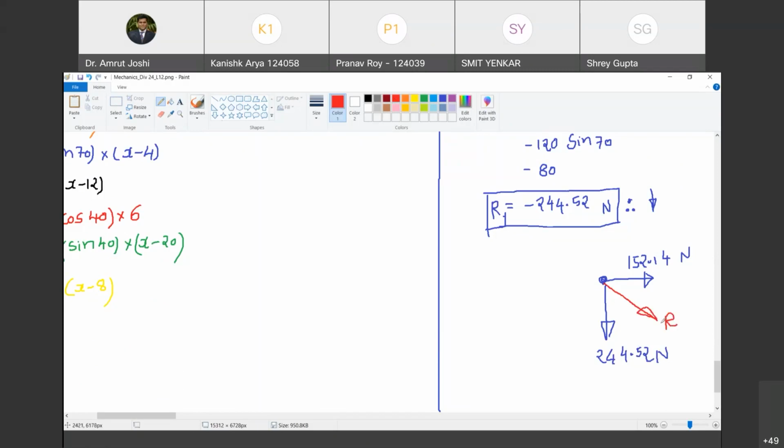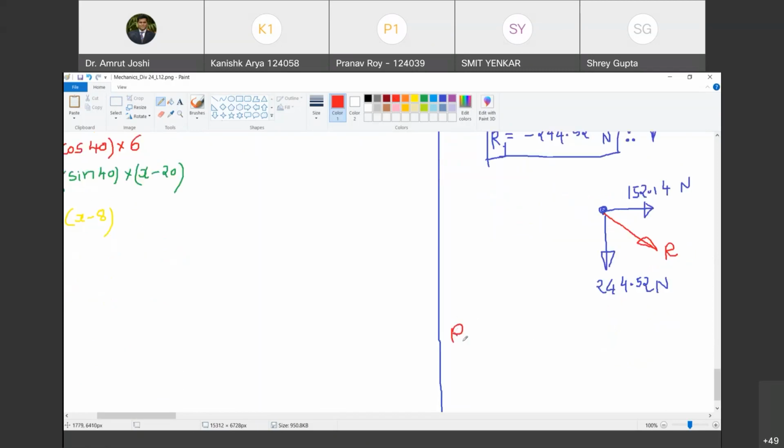This is R bar. Magnitude of R bar is R. It will be square root of Rx square plus Ry square. So 152.14 square plus 244.52 square. Do you agree with me? Sir, it comes to 289.98 Newton, sir, resultant.